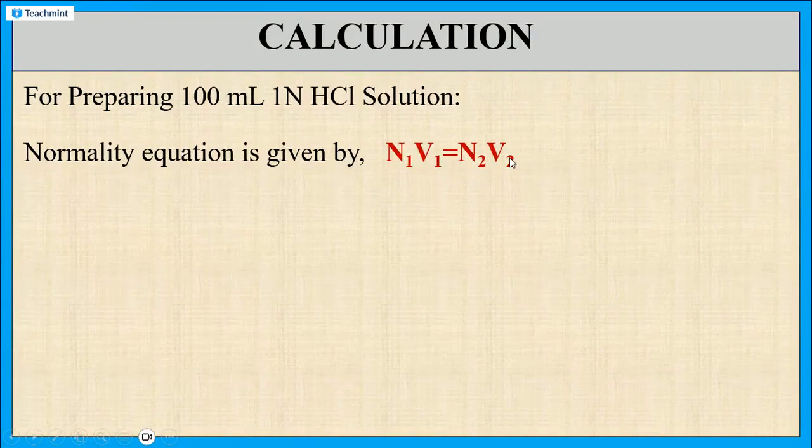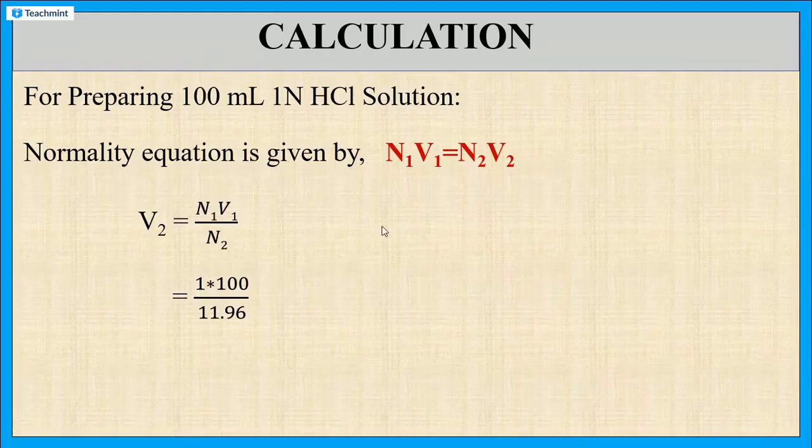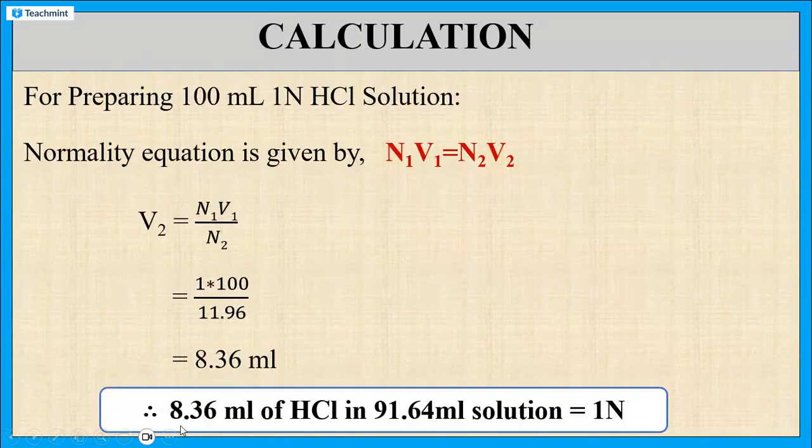We want V2, therefore V2 is equal to 1 into 100 divided by 11.96, and the answer is 8.36. Therefore, 8.36 ml of HCl in 91.64 ml of the solution is equal to 1 normal.